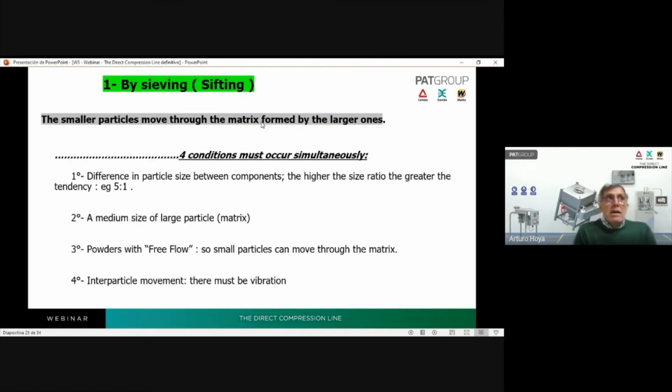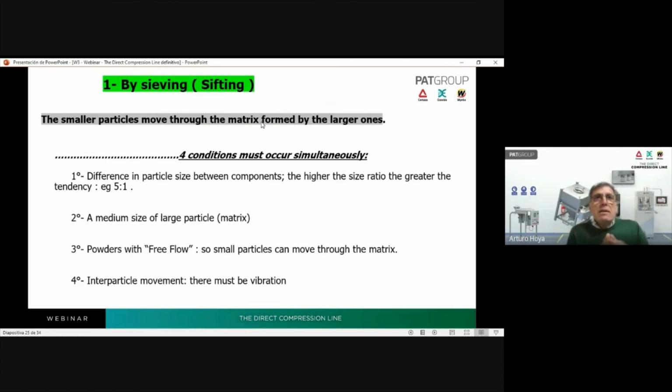Here, API segregation by sieving or sifting. Well, normally the smaller particles belong to the API, and the smaller particles move through the matrix formed by the coarse particles, the larger ones, excipients, for example.